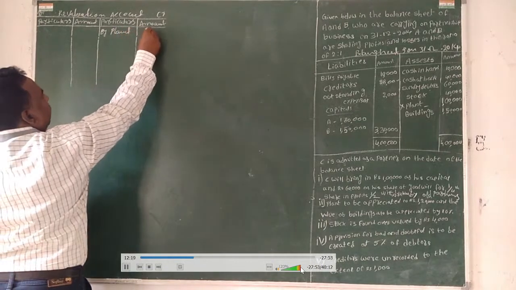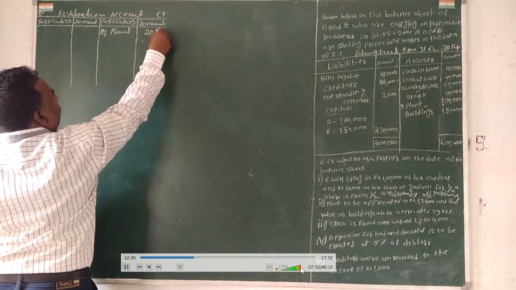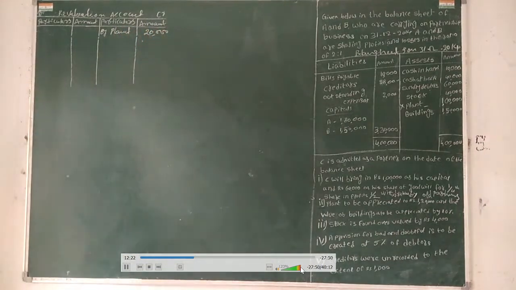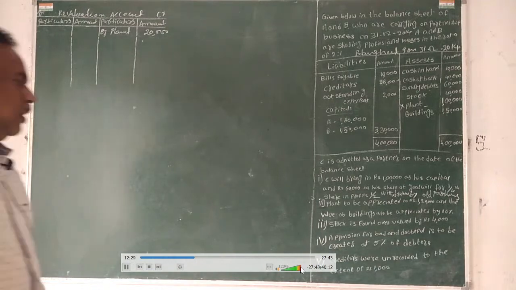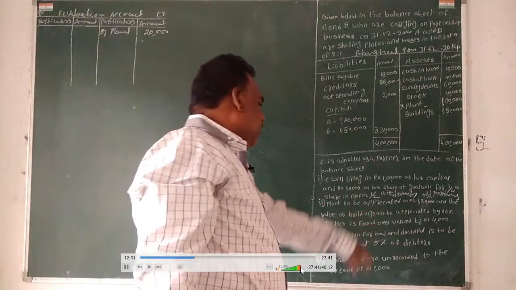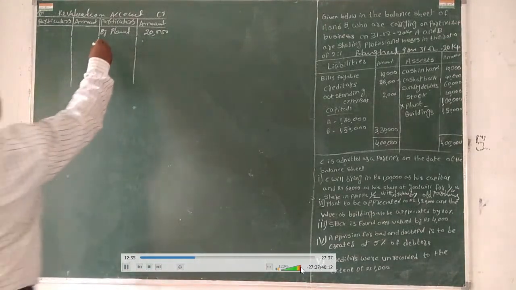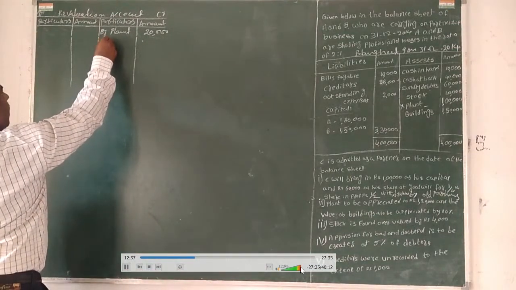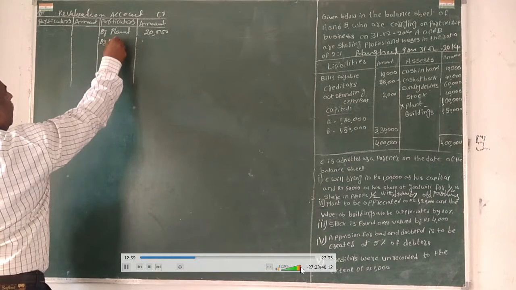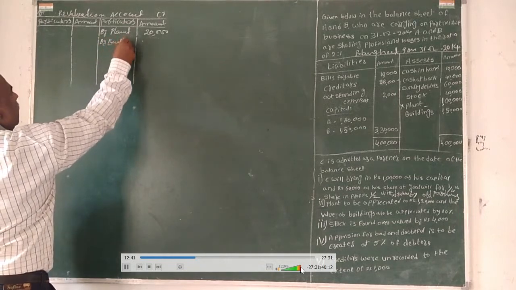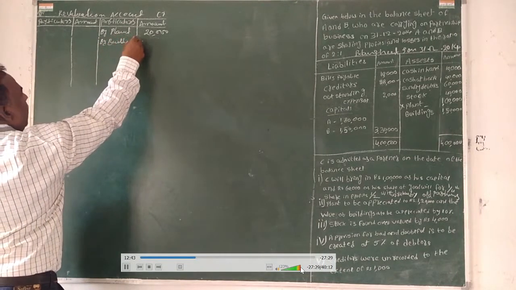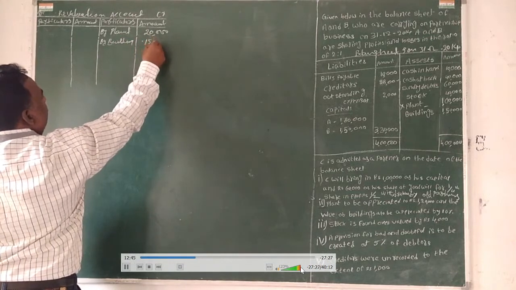Next, stock is found overvalued by 4,000. The actual cost of stock is 36,000, but unfortunately 40,000 was recorded. So, to stock 4,000 depreciated. Next, a provision for bad and doubtful debts needs to be created at 5%. On debtors of 60,000, a 5% provision is to be made.